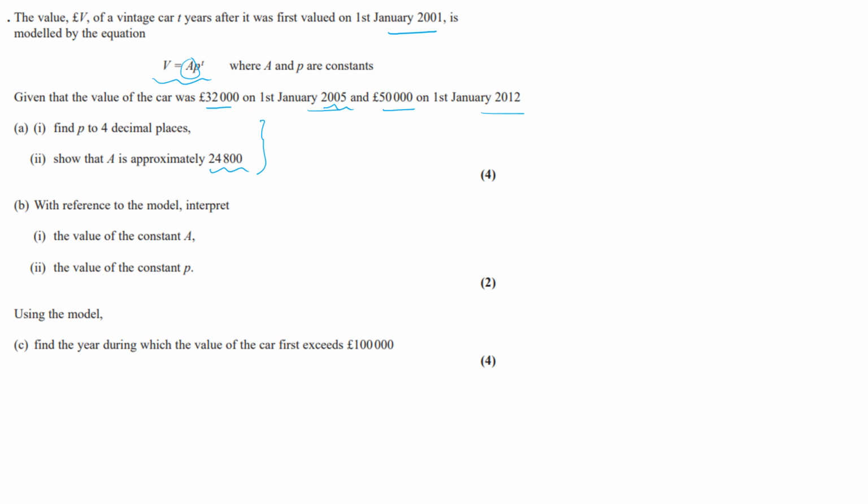If you think January 2001 is year 1, then 2, 3, 4, 5, it's going to be when t is 4. So we can write that 32,000 is equal to ap to the 4, and similarly 50,000 is equal to ap to the 11. So when we're in 2012, it's going to be 11 years after 2001.